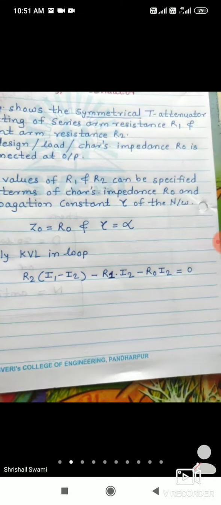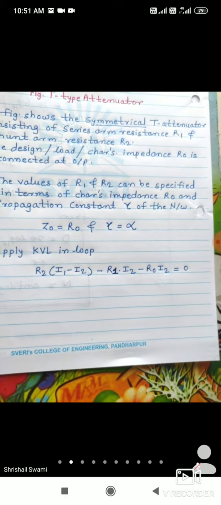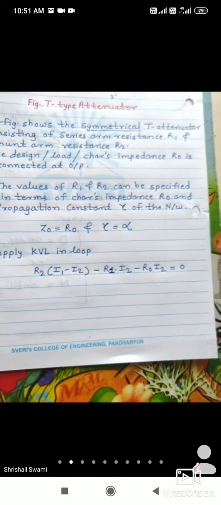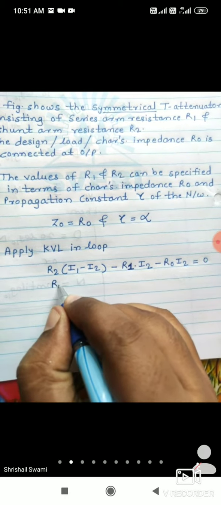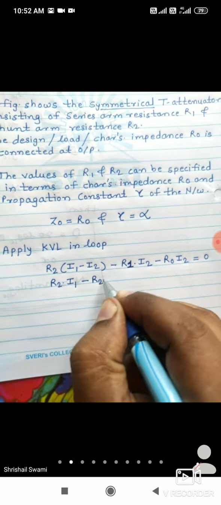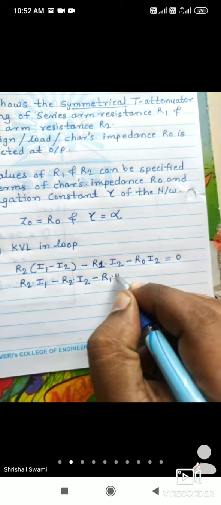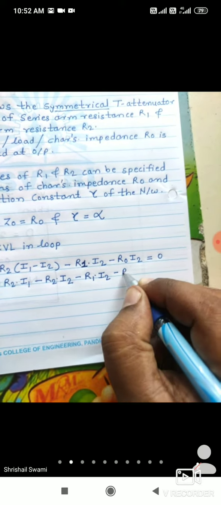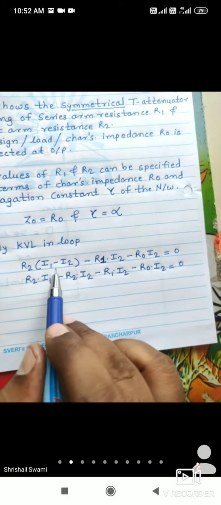Now what you have to do, collect the I1 term on the left hand side and collect the I2 terms on the right hand side. Okay. So first of all I will solve this one. R2 into I1. Next minus R2 into I2. Next minus R1 into I2. Next minus R0 into I2 is equal to 0. So I have solved this bracket.